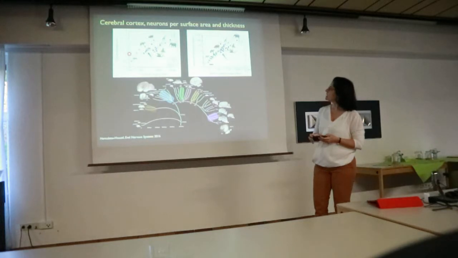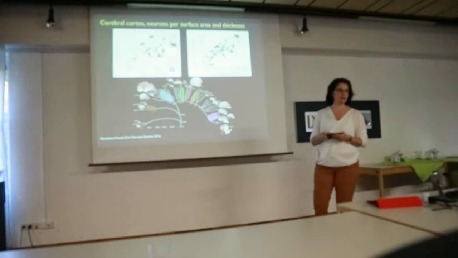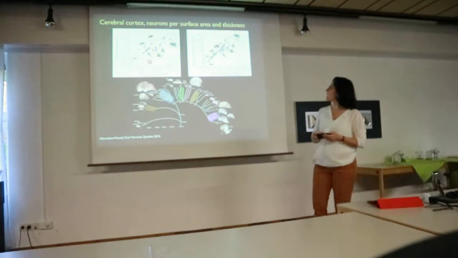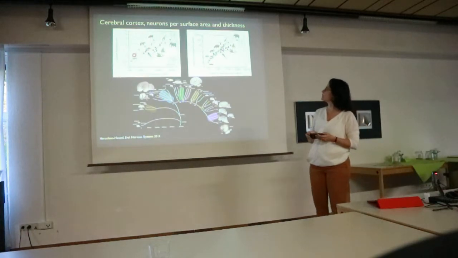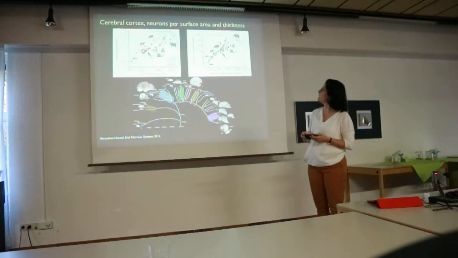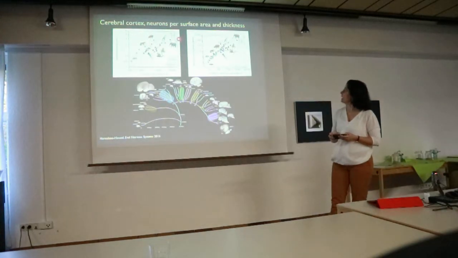This is how the thickness of the cortex varies as a function of the surface area of the cortex. And you see that the relationship is entirely different depending on whether you are a rodent here in green, whether you're a marsupial here in orange, whether you are an artiodactyl here in pink, or whether you are a primate. So the slope is completely different in red.